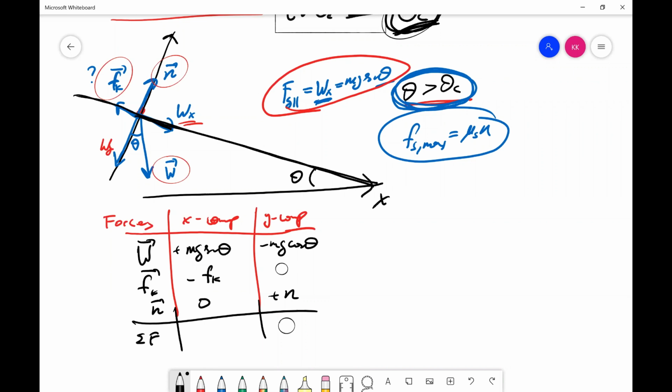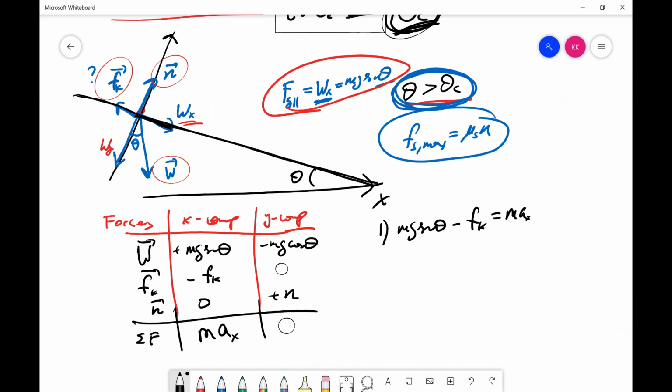But the difference here is, because the gravity component right now is stronger than friction, now we have acceleration. Where before mg sine theta minus static friction equals 0, now mg sine theta minus kinetic friction equals mass times acceleration.